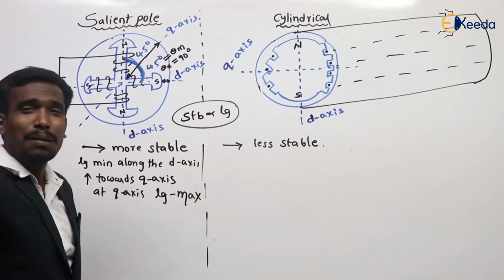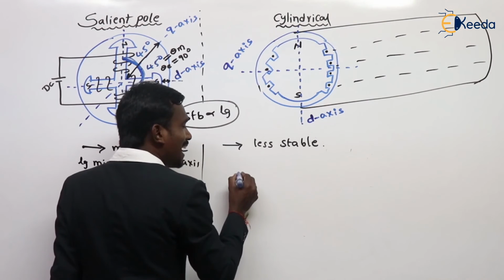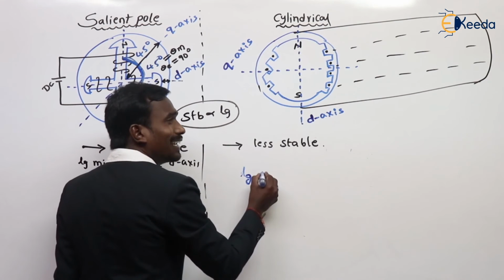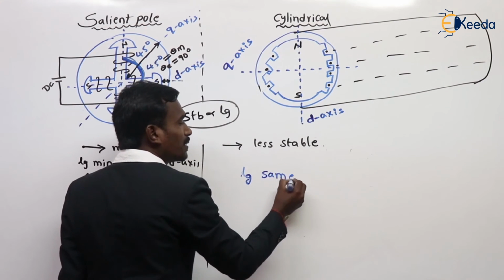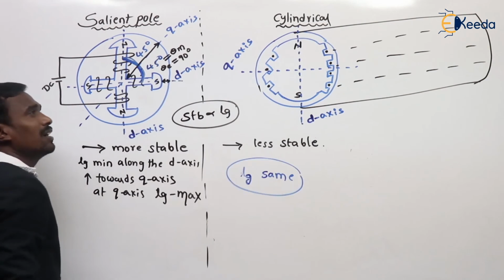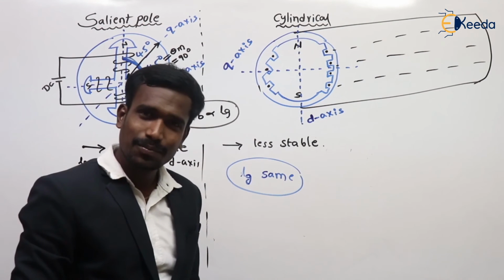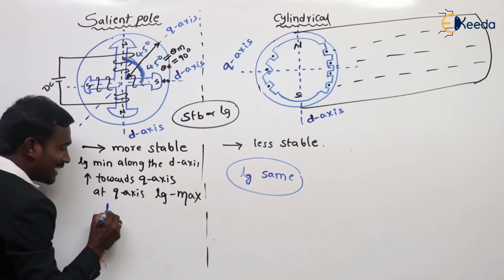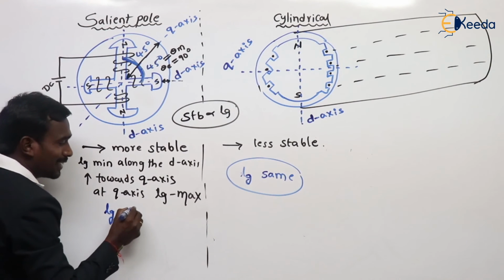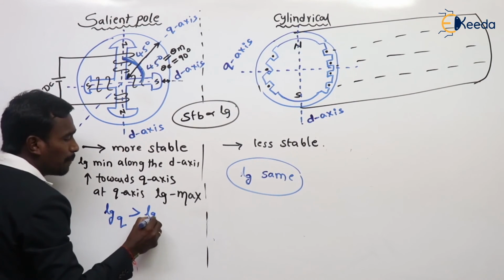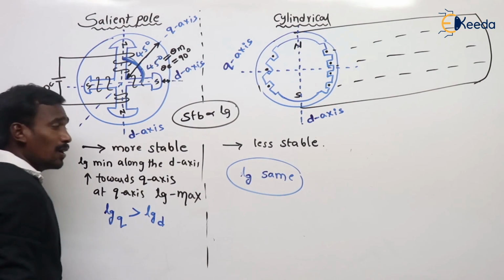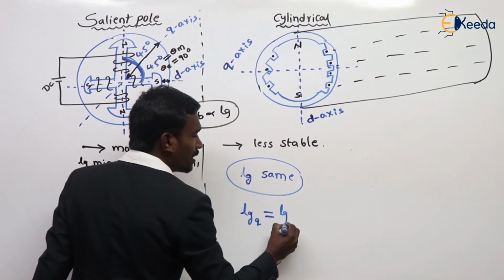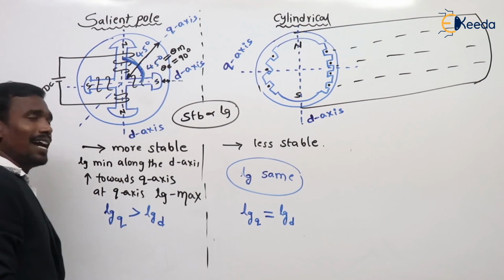But here, along the D axis and Q axis, the air gap length is the same. Listen here. In the salient pole machine, the air gap length along the Q axis is greater than along the D axis. But here, the air gap length along the Q axis is exactly equal to that along the D axis.